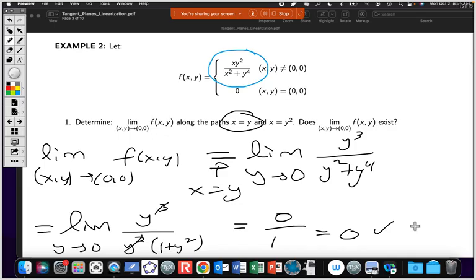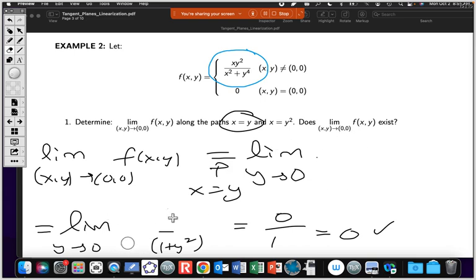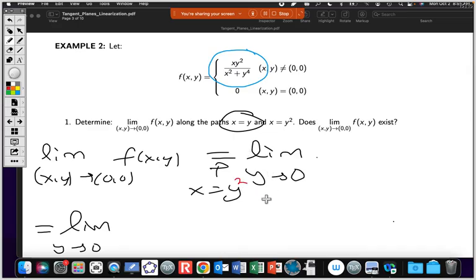Now let's look along the path x equals y squared. So let's go back and redo this. The setup is going to be the same, but now we're looking along x equals y squared. And once again, since we're getting close to the origin but not actually at the origin, we're going to be using this formula.